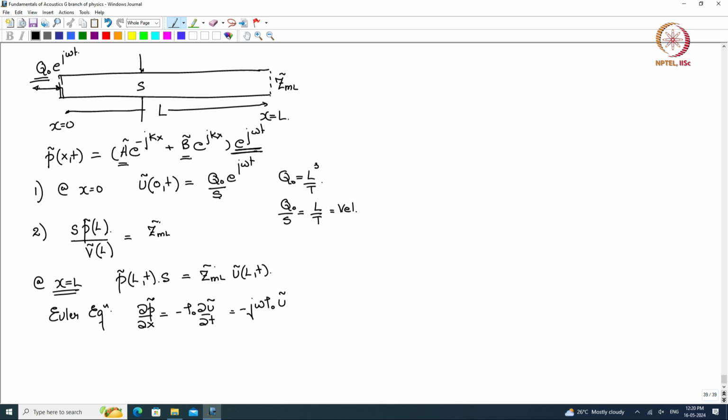So if I divide by c, and I multiply by c, then I can write it as minus j k rho 0 c into u tilde, the particle velocity, x comma t. So now what happens at the right hand end?